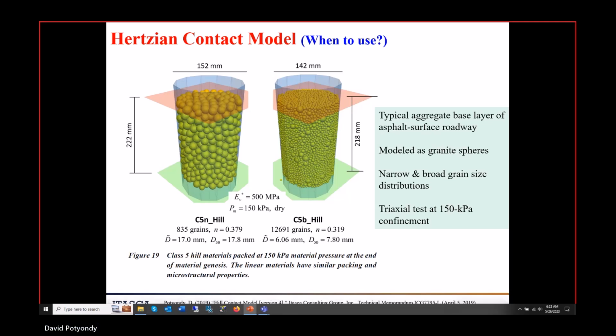We said a typical aggregate base is going to be made of something similar to that. These guys are almost all the same shape. This is a much wider size distribution, as you can see, small guys and big guys. And then we ran a triaxial test at this confining pressure.